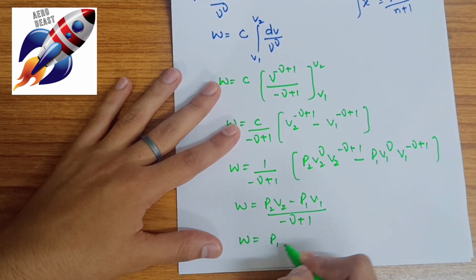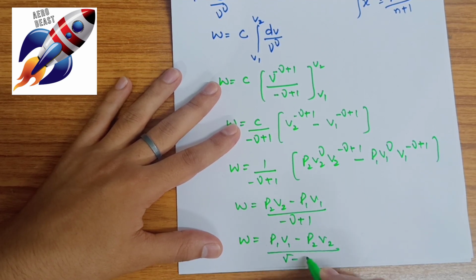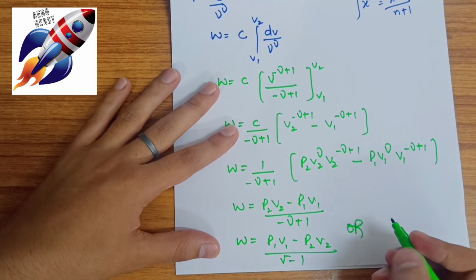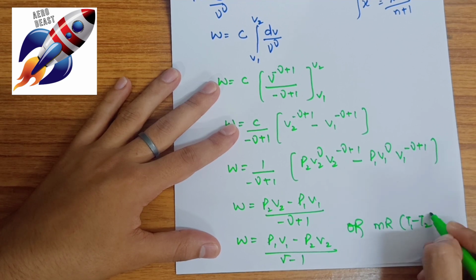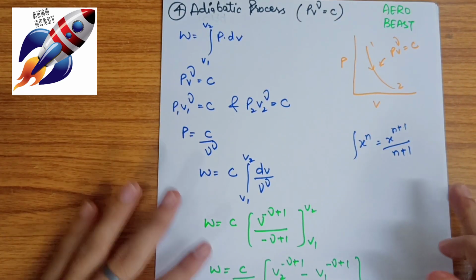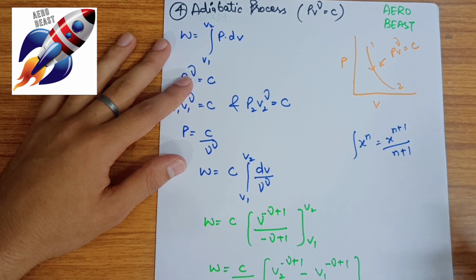So W is equal to (P1 V1 minus P2 V2) divided by (γ−1), or mR (T1 minus T2) divided by (γ−1). This is the equation for the adiabatic process.